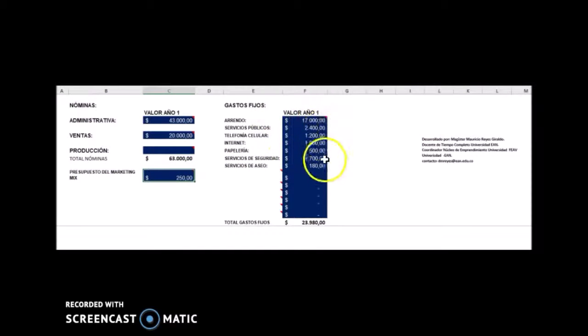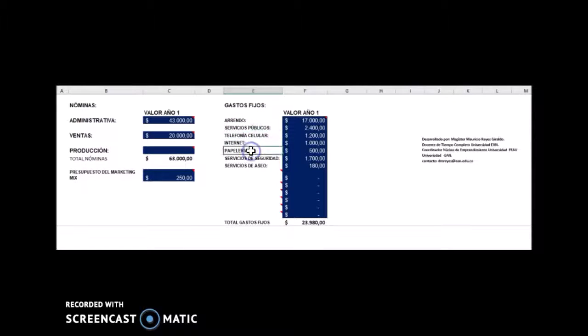So if we're compiling this, also the fixed expenses that we will have monthly, as for example internet, the rent for the space, well, cell phone.